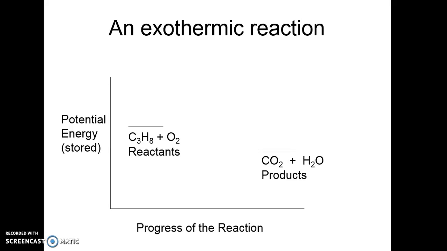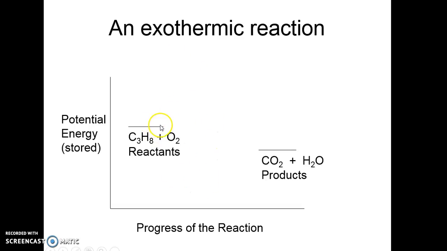So here is what we call a reaction profile for this. What we're showing is the potential energy that is stored in the bonds here. The reactants have a higher energy, the products have a lower energy. Now, if you have propane and oxygen mixed together, they just don't react unless there's a little spark of energy given.